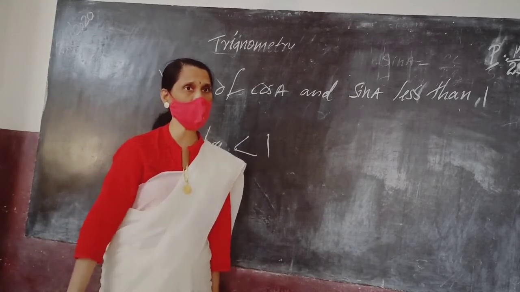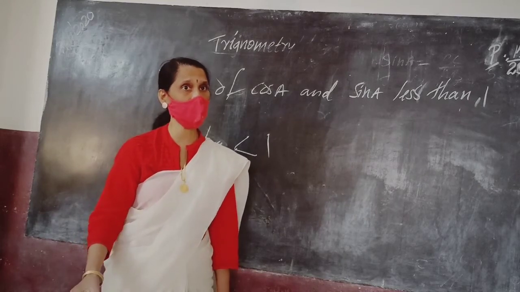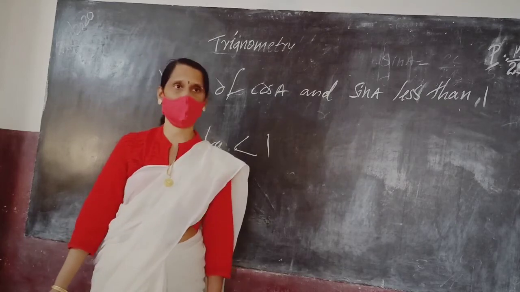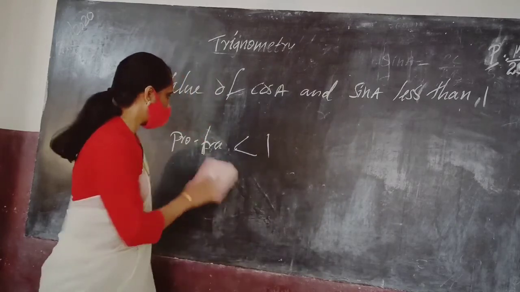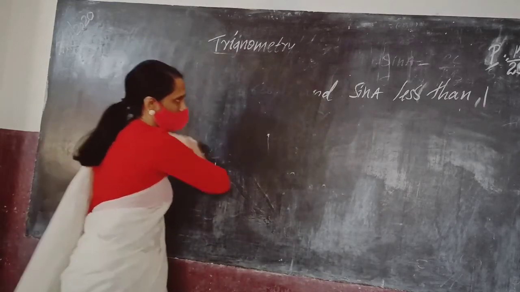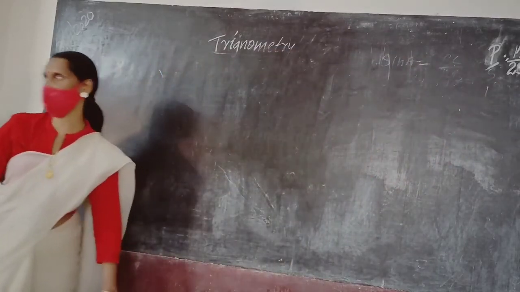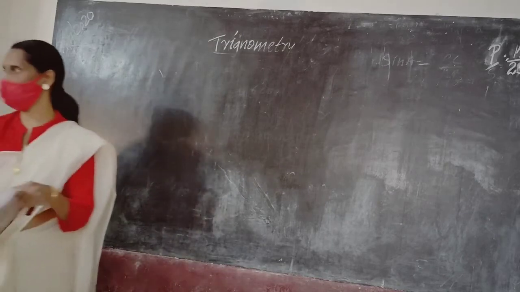In both cases the denominator is the hypotenuse, which is the biggest number. So the denominator is the bigger number. That is why cos A and sin A are always less than 1.